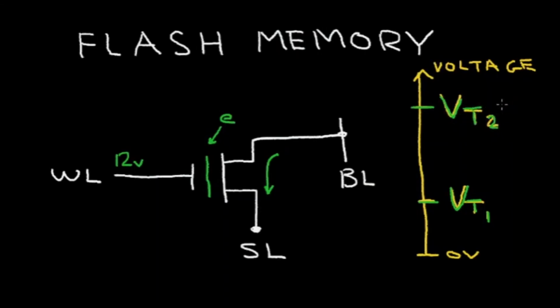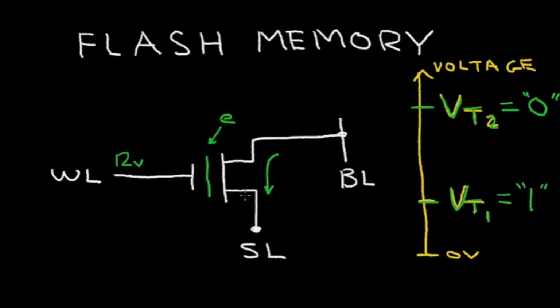I can call this transistor, with the gate programmed with electrons, a logic 0. And if the electrons are not present on this floating gate, I can call that a logic 1.